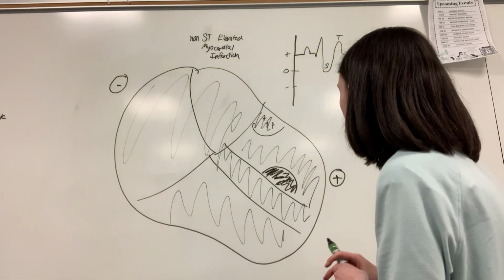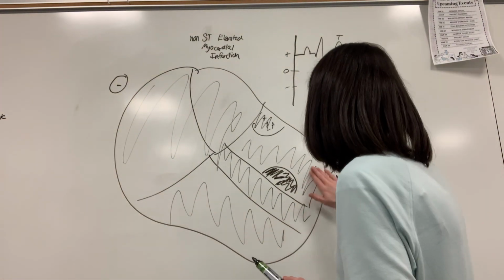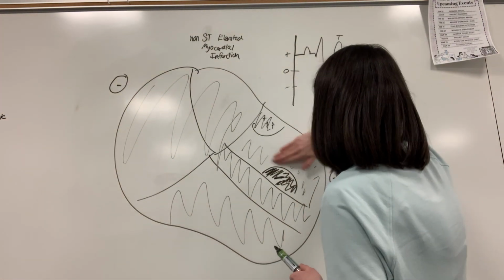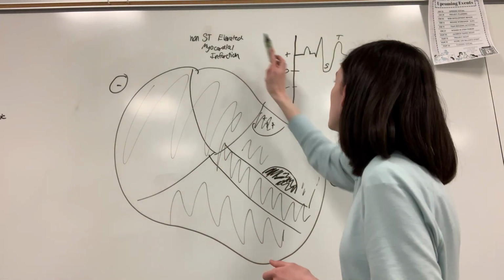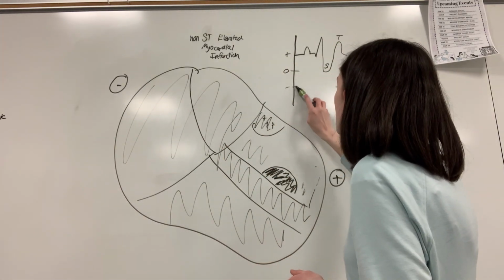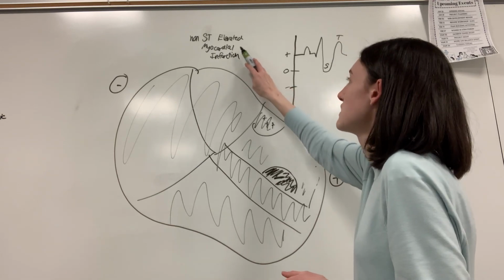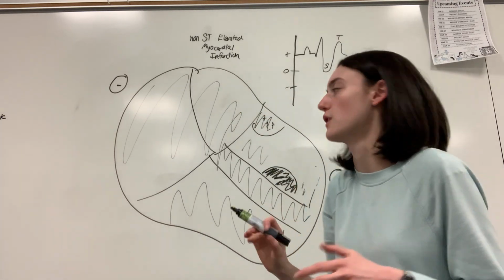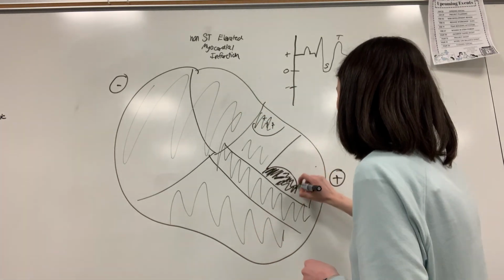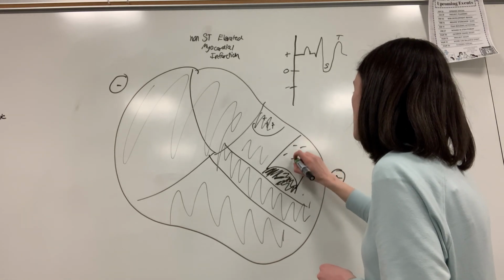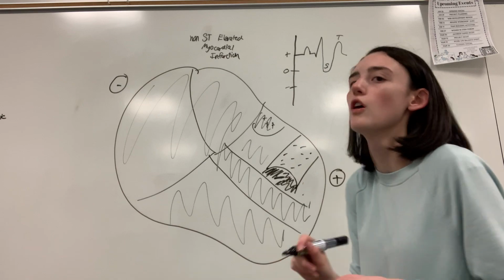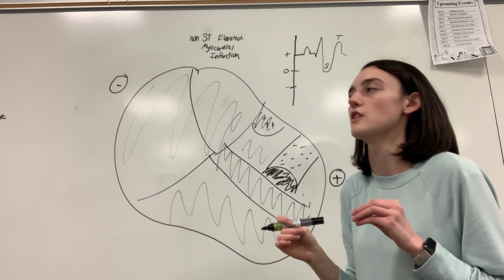In STEMI, however, that's going to look a little bit different. STEMI stands for ST elevated myocardial infarction, ST meaning the line. So now, let's say we have this whole ventricular wall covered with hypoxic cells.